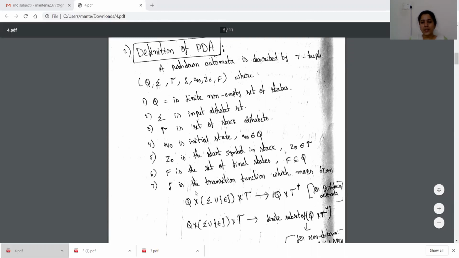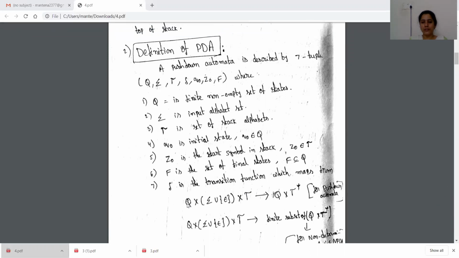The transition function of pushdown automata is Q cross sigma union epsilon cross tau to Q cross tau star. As here in pushdown automata we have an input tape and stack, from one state, say q1, we have to read both the input symbol and the stack symbol also.